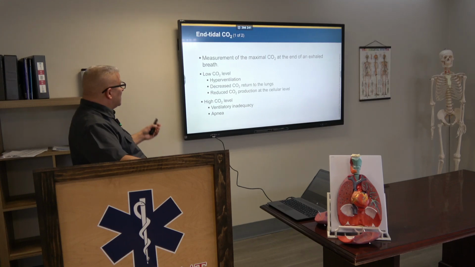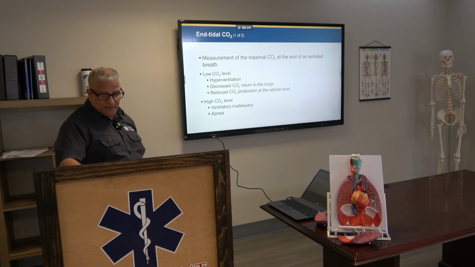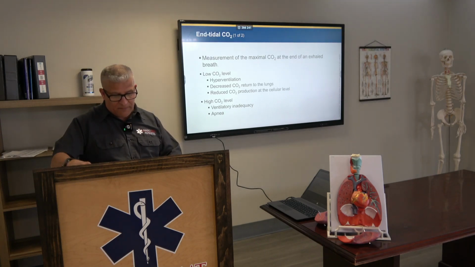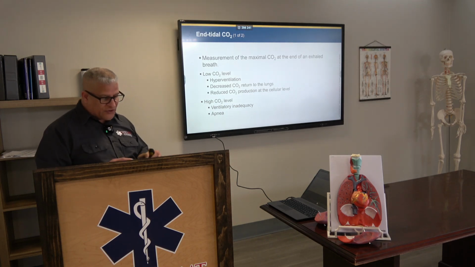Next device, you can measure the CO2 levels at the end of the exhalation. So it's your capnography that you're going to be measuring. And in your book, they speak a bit of capnography, and that's on pages 437 and 438. It gives you a diagram.